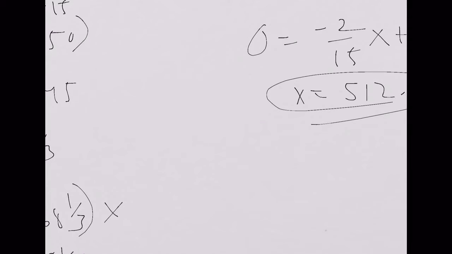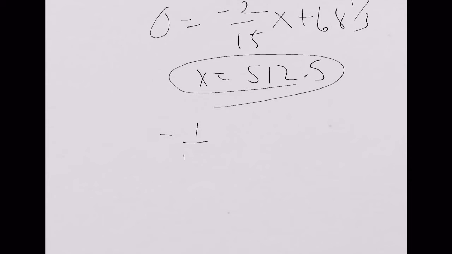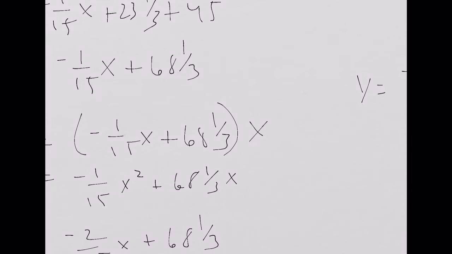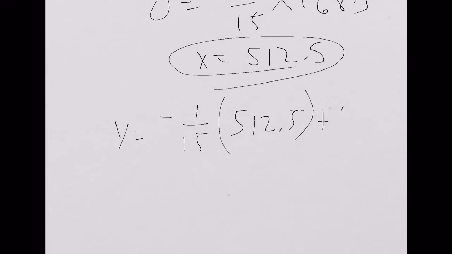So now I'm going to take this 512.5, plug it back in over here to figure out my price. My y was my price. So I have negative 1/15 times 512.5, and then lastly plus 68 1/3.